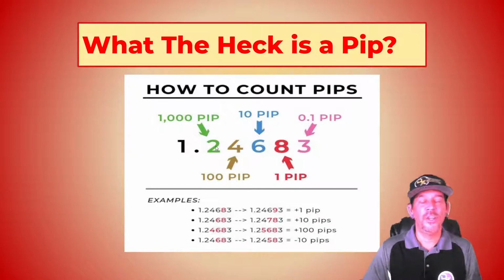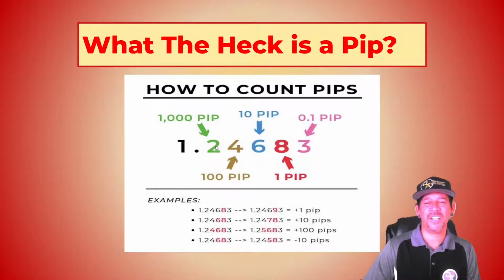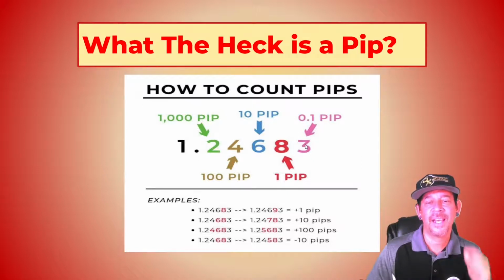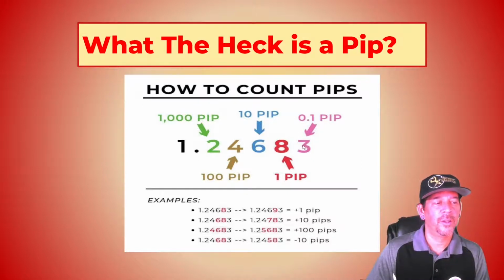Now, usually you will see 5 digits to the right of the decimal. The fifth one, not so important. That is a tenth of a pip. So the 3 right now, that would be 3/10 of a pip. The important one is the 4th digit over to the right of the decimal.